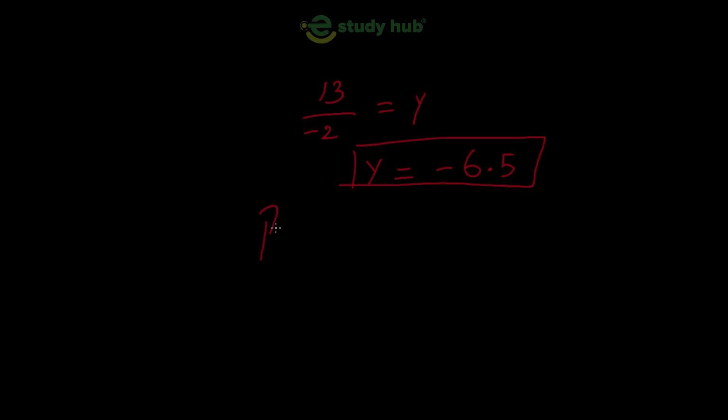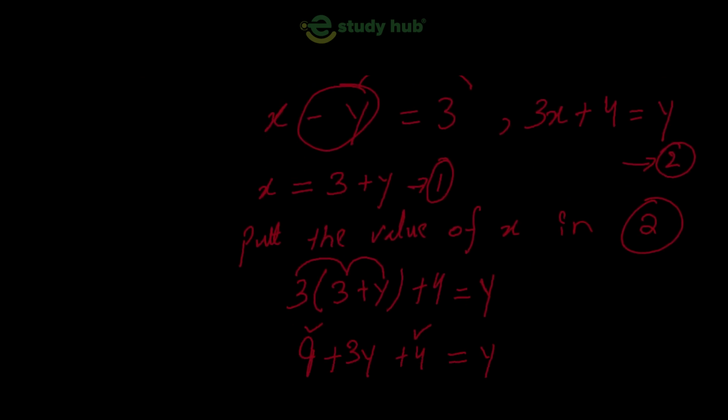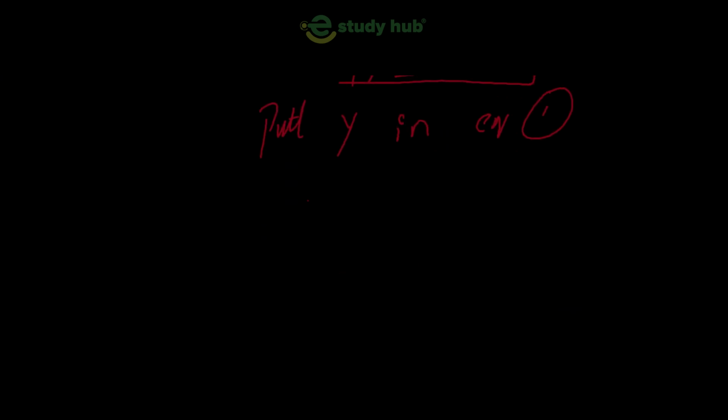So I'm going to put y in equation 1. What is the equation? Let me see it. It is x equals 3 plus y. I'm going to write it here: x equals 3 plus y.